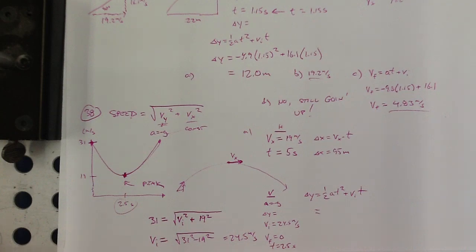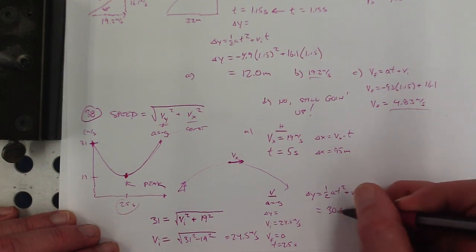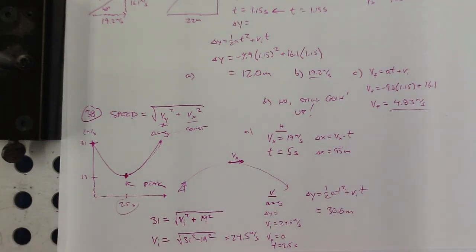So I've got negative 4.9 times 2.5 squared plus 24.5 times 2.5. And that is about 30.6 meters. And that is it.